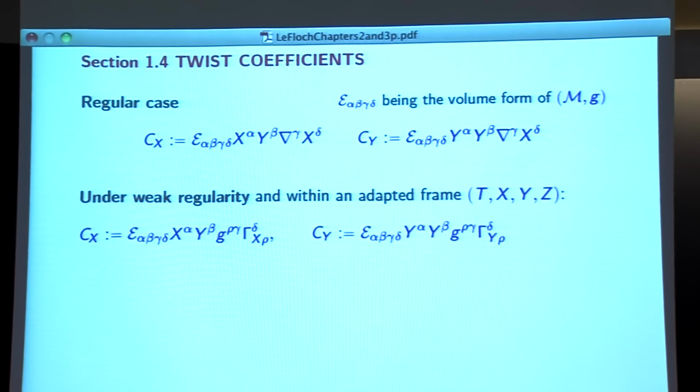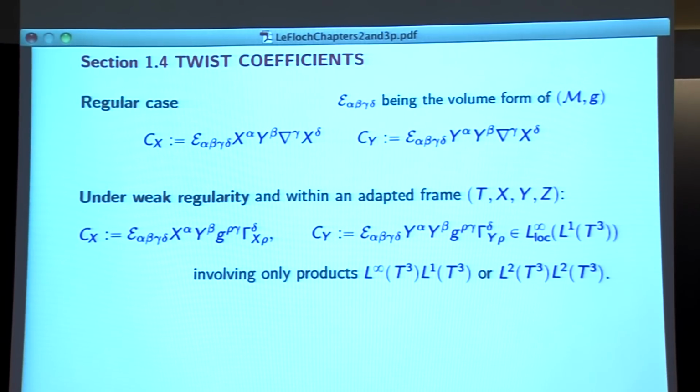With weak regularity, because I didn't define the connection directly, I prefer to see that in terms of the Christoffel symbols, but that's just the same. So some combination of the Christoffel symbols and the components of the vector fields are introduced. They are called Cx and Cy, and we always work within this frame.